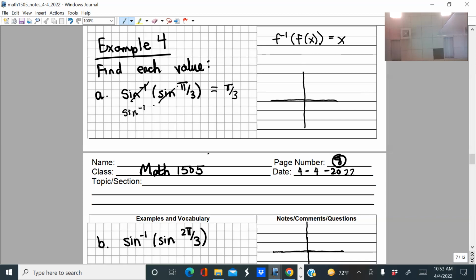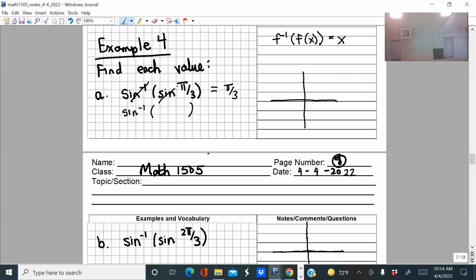So I have sine inverse of, what's the sine of pi over 3? So there's one of your special angles. What's sine of pi over 3? Sine of 60 degrees. Remember, sine starts at 0.